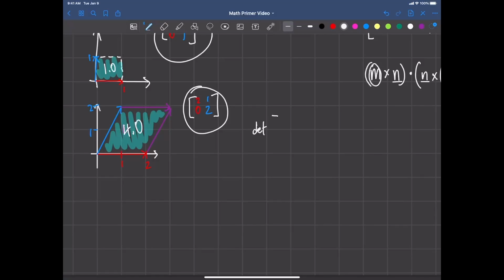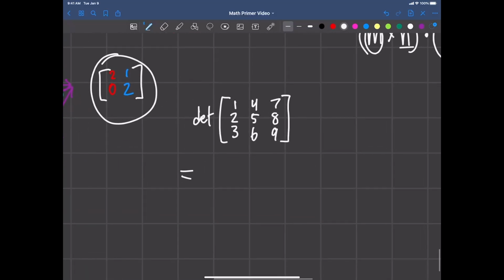So if we had the determinant of this matrix here, 1, 2, 3, 4, 5, 6, 7, 8, 9, how do we find the determinant of this? Well, it's similar to how we find the cross product in a way. I'll describe it spatially later, but formulaically first. We take 1 times the determinant of 5, 8, 6, 9.